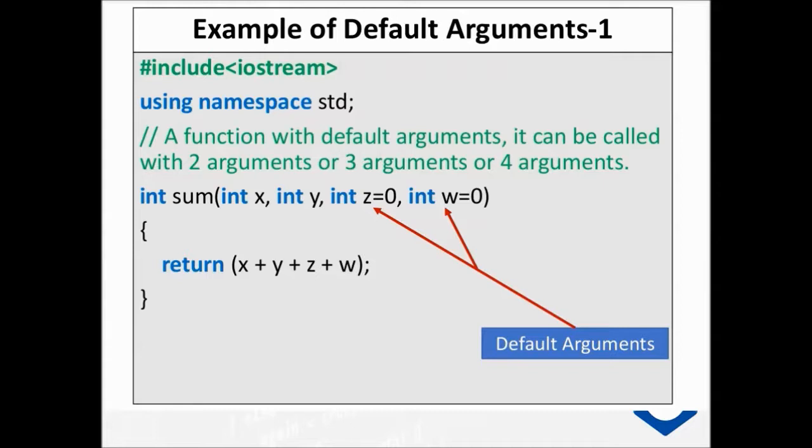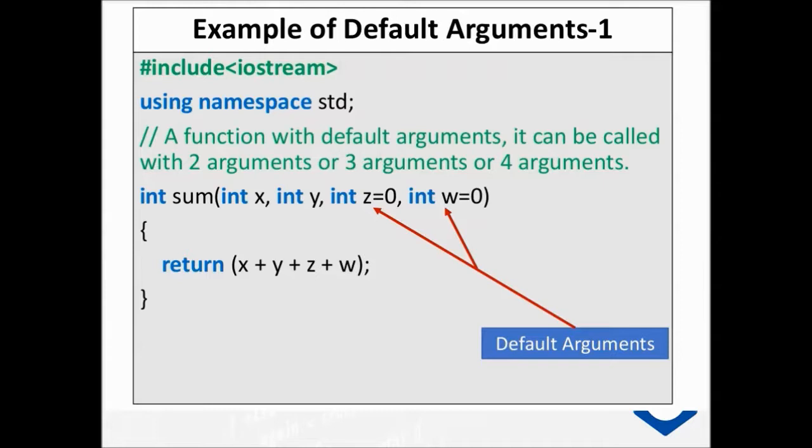Example of default arguments. First of all, a function with default arguments can be called with 2 arguments or 3 arguments or 4 arguments. In this example, we define a function sum, and into the parameters we use x, y, z and w.